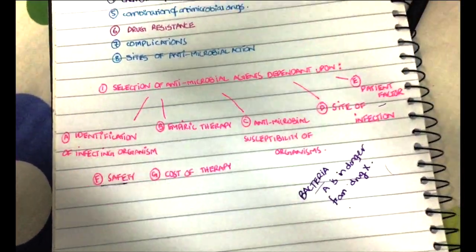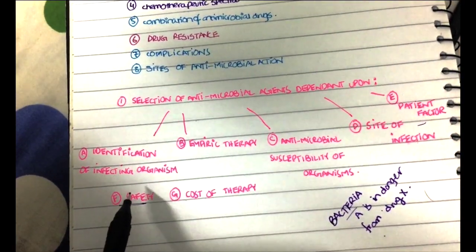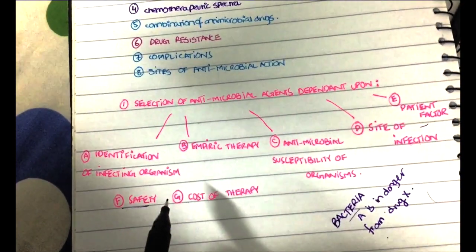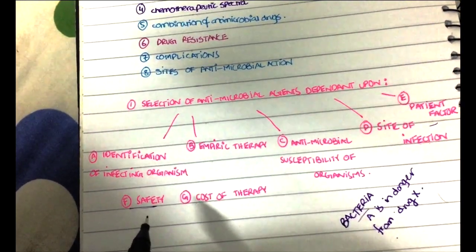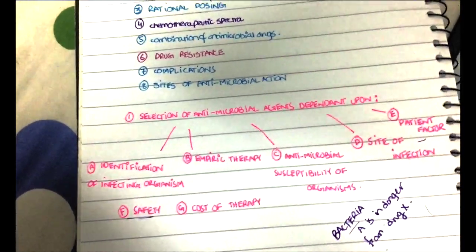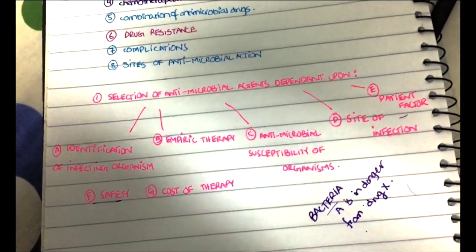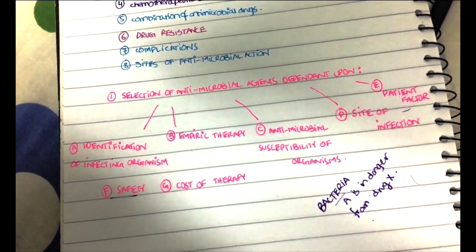Okay, these are the side effects. We have to check whether a particular amount of drug or dosage is safe to be prescribed to the patient or not. The seventh point is cost of therapy. Of course, we'll go for drugs which are cheaper and effective as compared to the drugs that are costly.